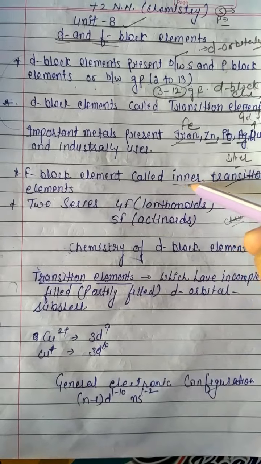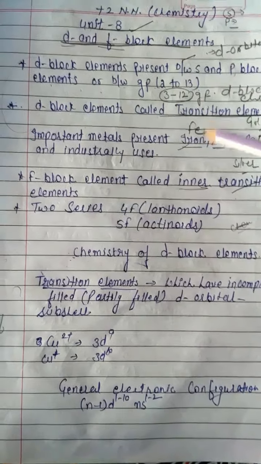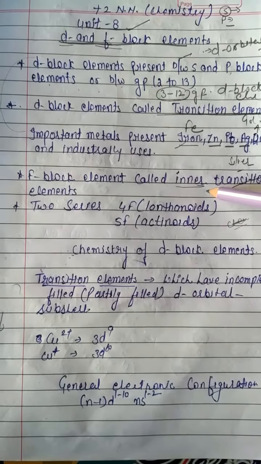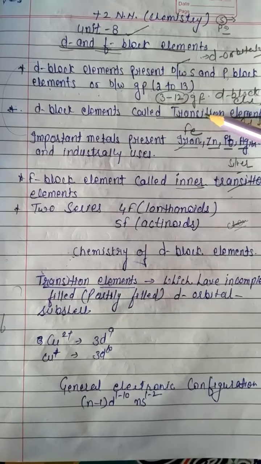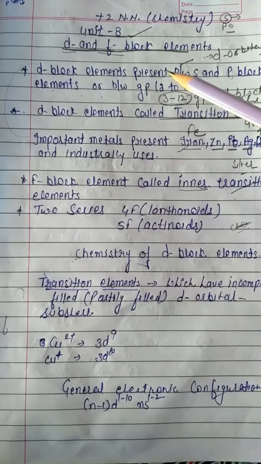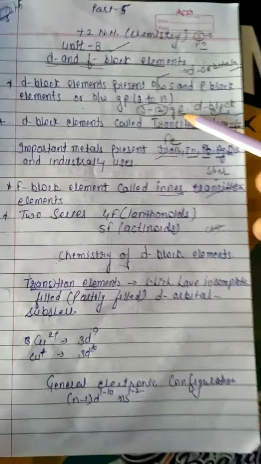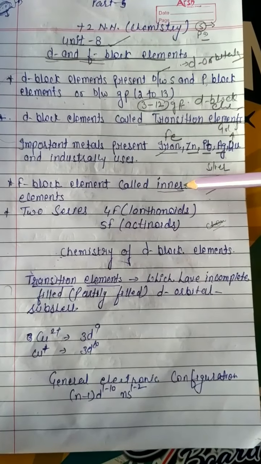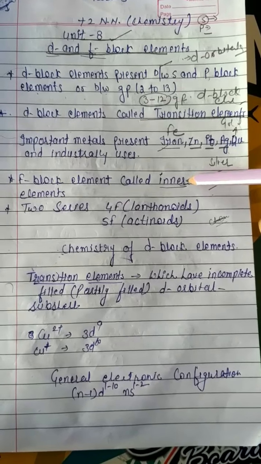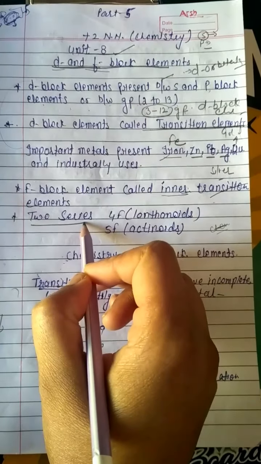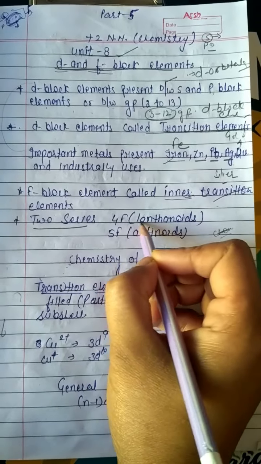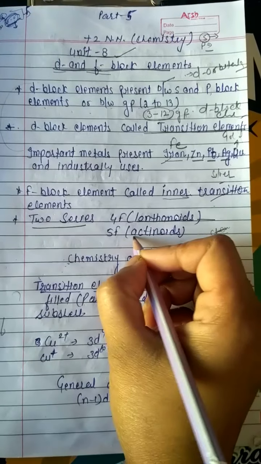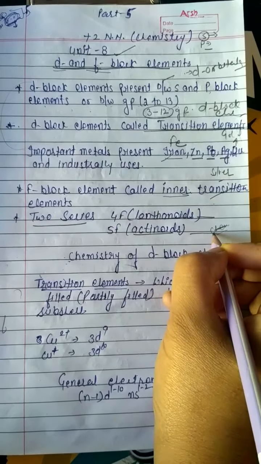Why are they called inner transition elements? Because these are taken from the transition elements, from the D block elements. So that's why they are called inner transition elements. Two series are present: firstly the lanthanoid series, and second the actinide series.